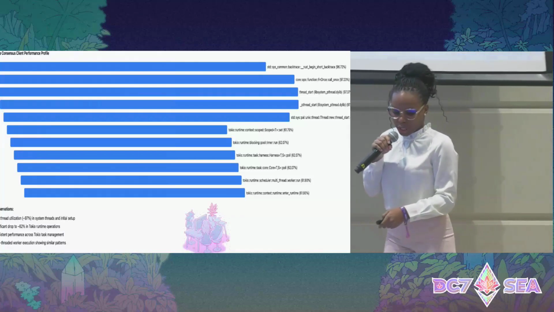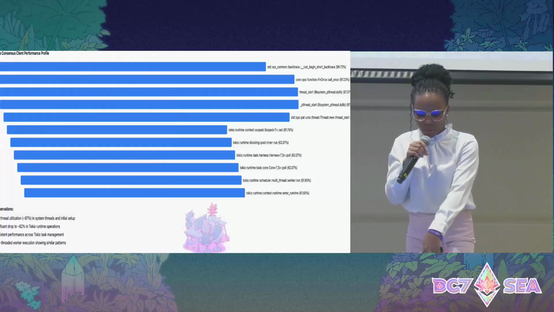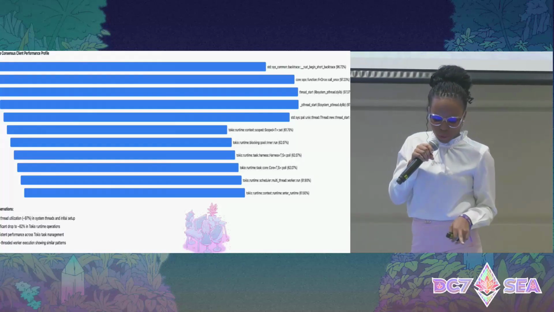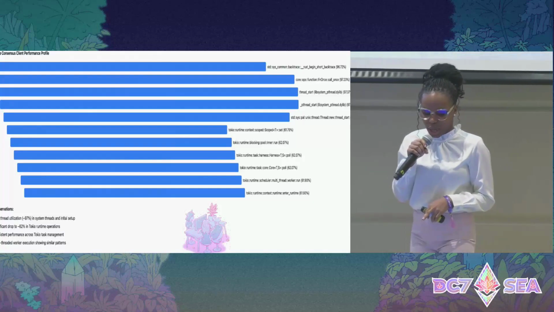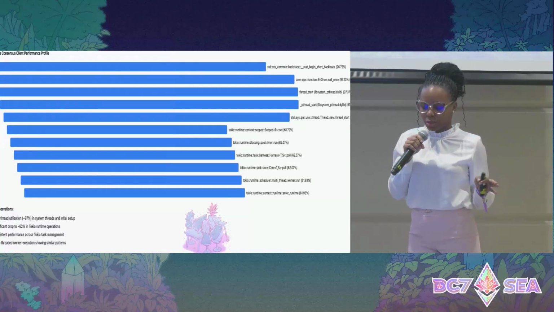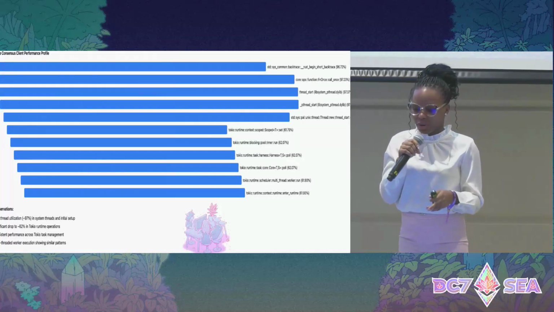The key observation here is high thread utilization at 97% in system threads and initial setup, a significant drop to 62% in Tokio runtime operations, and then consistent performance across Tokio task management. Also, multi-threaded worker execution shows similar patterns across different scenarios.